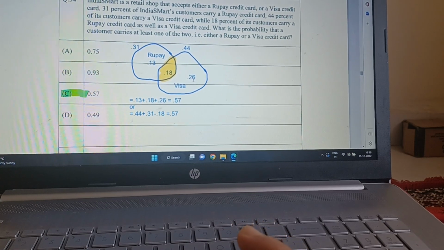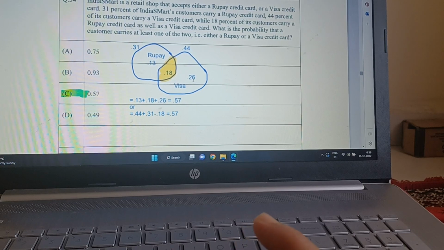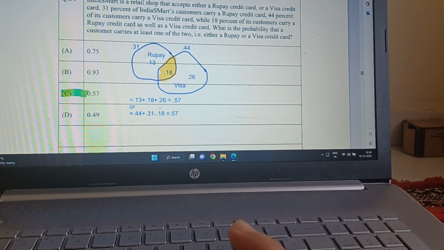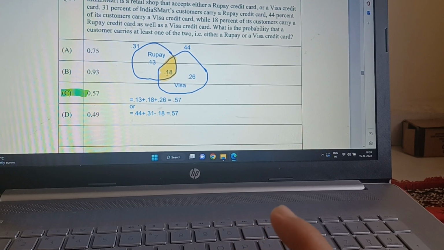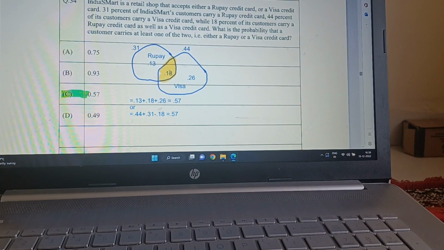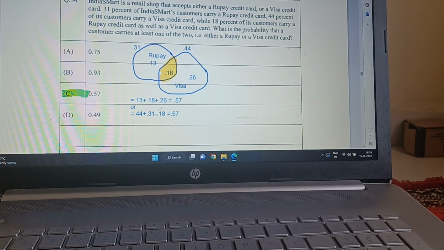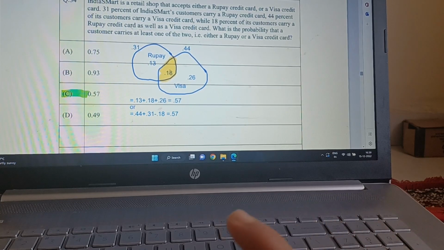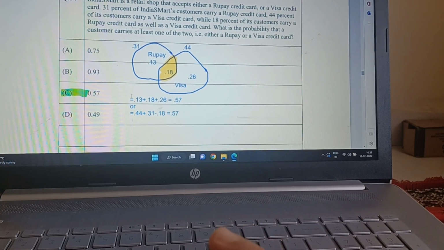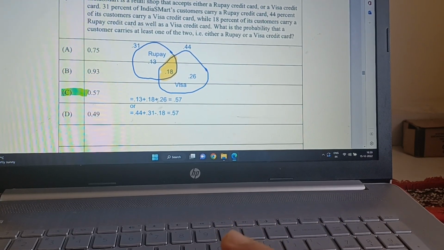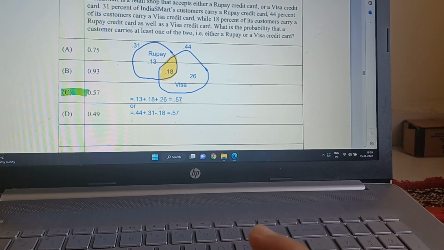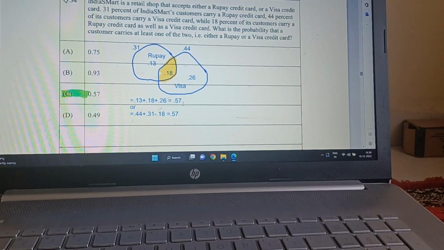So 26% of people carry only Visa, 13% carry only Rupee, and 18% carry both. So at least one of the two cards becomes the sum of these three: 0.13 plus 0.18 plus 0.26 is equal to 0.57.